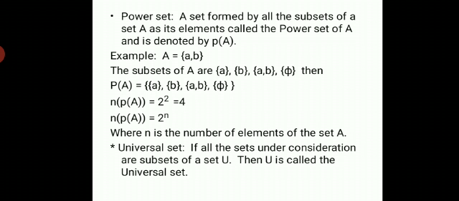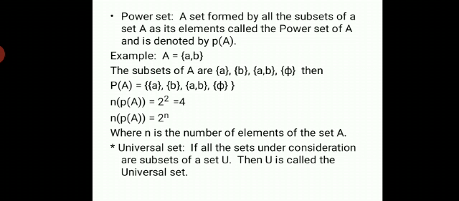For example, A = {a, b}, two elements in set A. Then write down the subsets of A separately. They are {a}, {b}, {a, b}, and the null set. We may take a, we may take b, sometimes we cannot take any elements, otherwise sometimes both can be included.